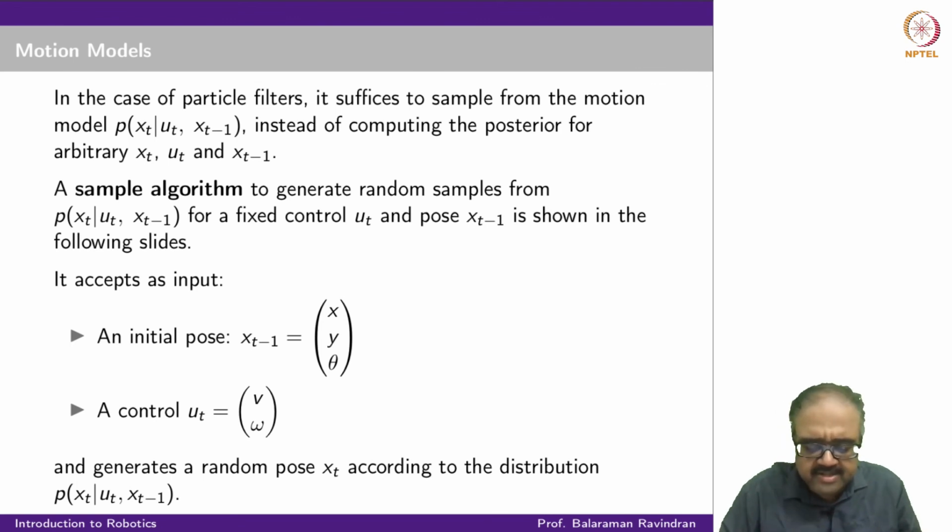So, v might be the actual action that I applied, but v hat and omega hat are the true velocities with which the robot is moving, and that true velocity distribution is what we have to be sampling from for the particles at xt.